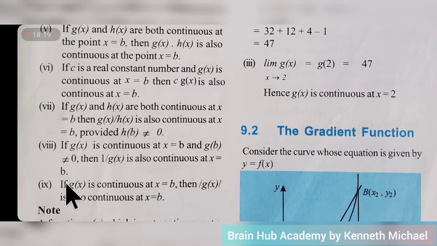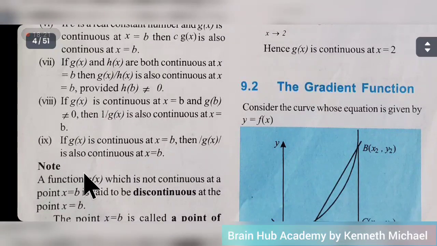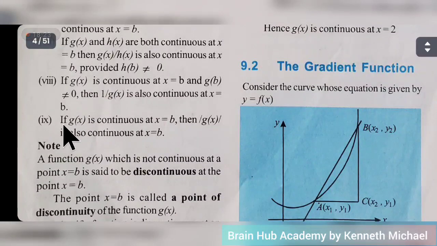The reciprocal is also continuous. So these are properties that you can actually become familiar with as you go over them again and again. If g of x is continuous at x equals b, then the absolute value of g of x is also continuous at x equals b. So if the function is continuous, its absolute value will definitely be continuous.